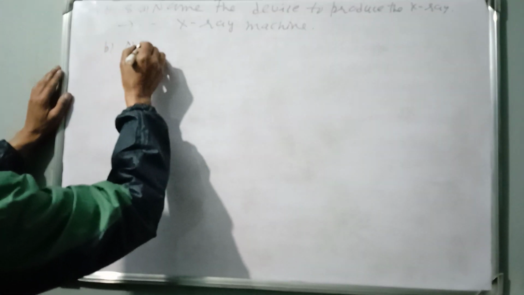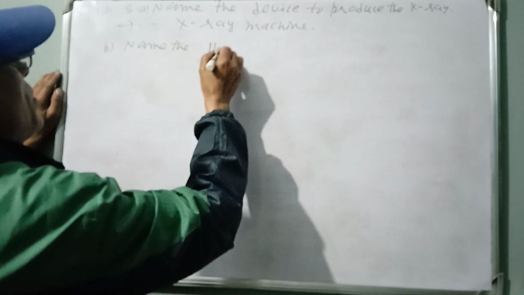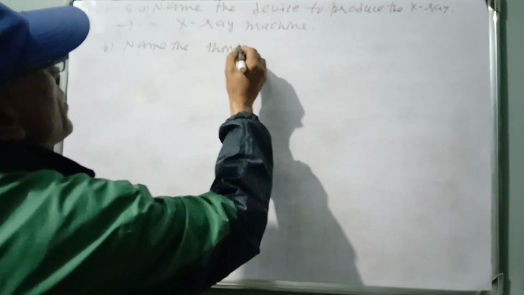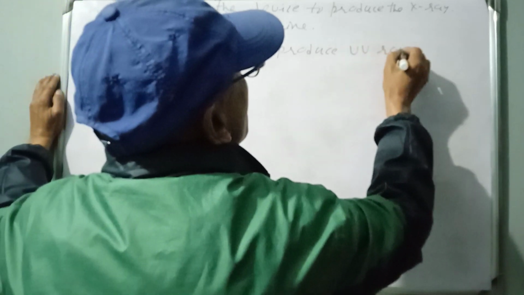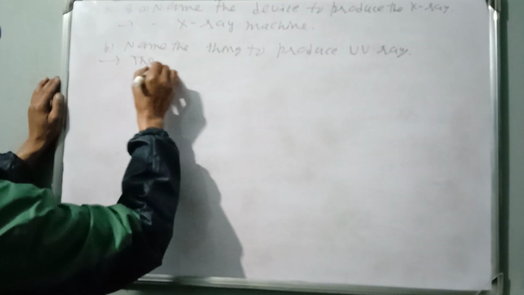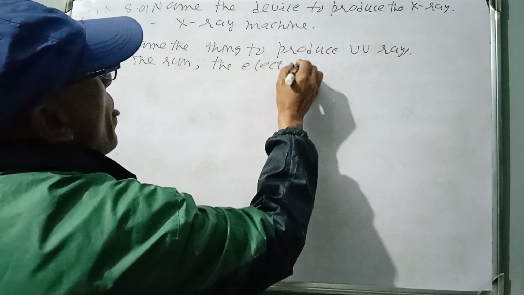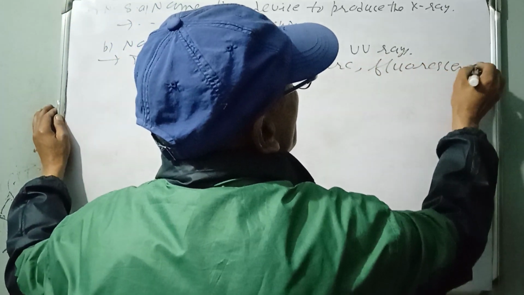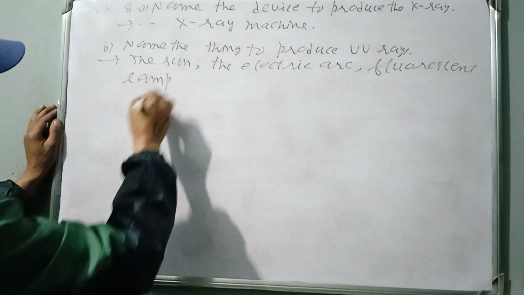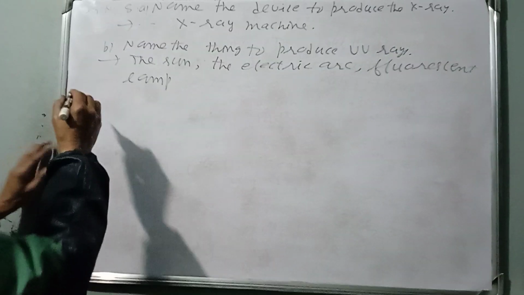Another, name any instrument to produce ultraviolet rays. Here the sun, the electric arc or a fluorescent lamp, etc. produce ultraviolet rays.